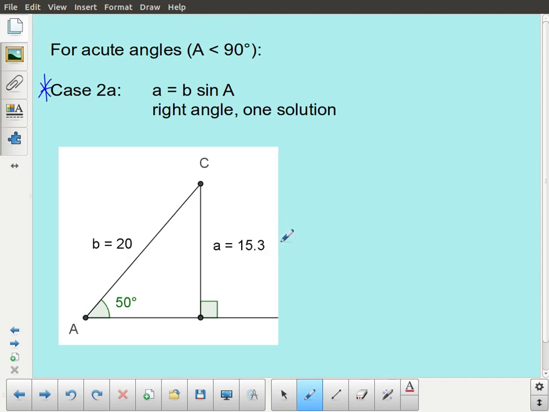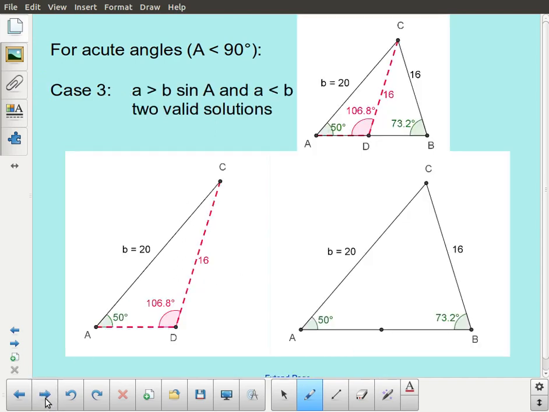Yes, but not always. So for example, 15.3 was our cutoff there. What about 16? This is now the Albert and Bell diagram exactly. Here's the angle of 50 degrees at Albert, 20 meters of string for Albert, and 16 meters of string for Bell.